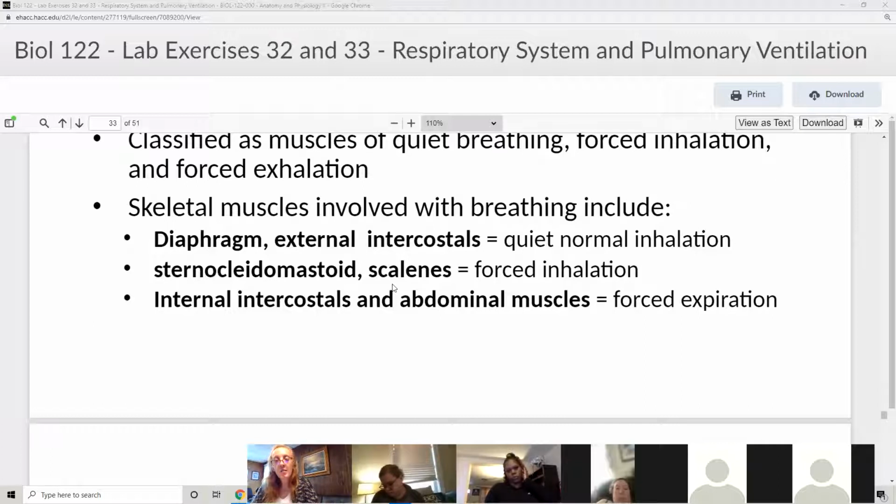The sternocleidomastoid and scalenes are for forced inhalation, where, rather than just doing quiet breathing like right now, we do forced inhalation. That's your sternocleidomastoid and your scalenes contracting to force your chest cavity to enlarge even more.